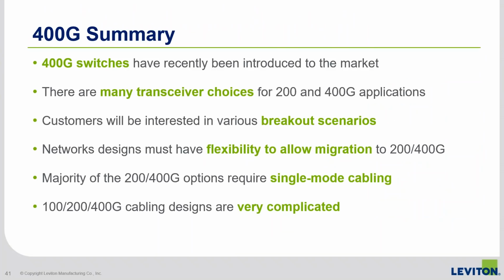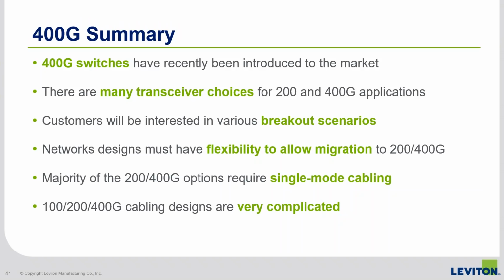So a lot of information there. To summarize, 400 gig switches have been introduced very recently, in the last couple months, on the market. There are a lot of transceiver options out there for 200 and 400 gig. The breakout is really going to be a big application, and our job at Leviton is to educate you and present options and make that easier for you to do.